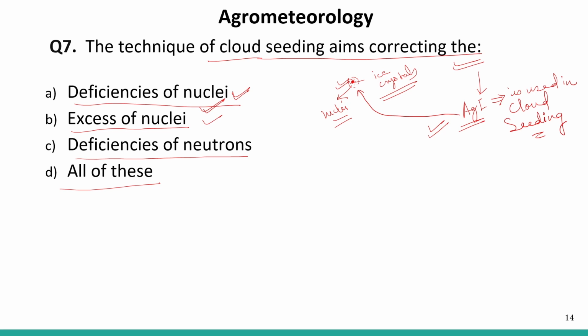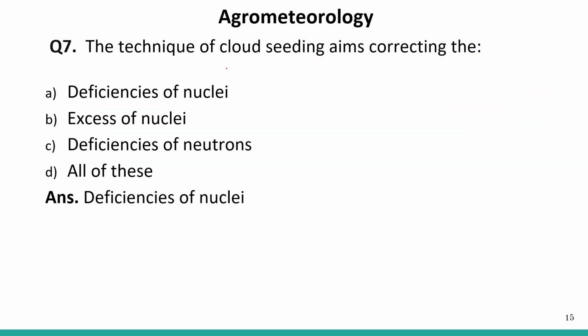So when we require rain in a very important area, then we can go for this cloud seeding, right? And for this, we can use this AgI. So when there is a deficiency of nuclei in the atmosphere, we go for the cloud seeding. So the correct answer is the deficiency of the nuclei, right?